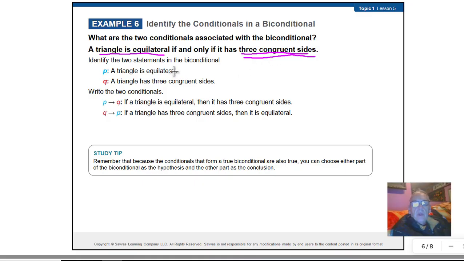The other one would be, if a triangle has 3 congruent sides, then it is equilateral. And again, if it's written as a biconditional, it's a true statement, which tells us that each one of these statements must be true. If these weren't true, it couldn't have been written as a biconditional. Let's move on.